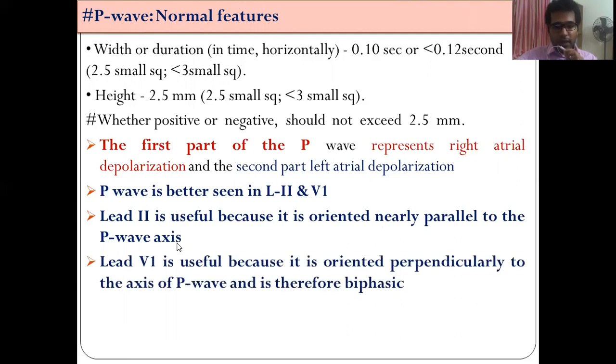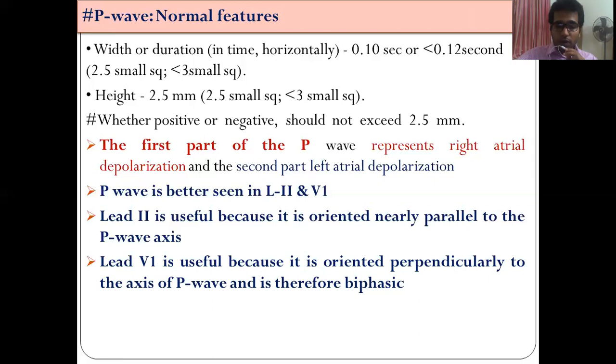And lead V1 is useful because it is oriented perpendicularly to the axis of the P wave. So the angle between the P wave axis and the V1 axis is almost 90 degrees, or perpendicular to each other.